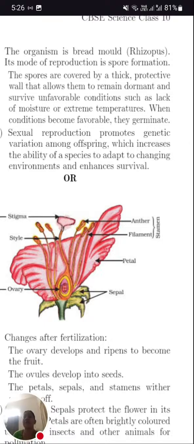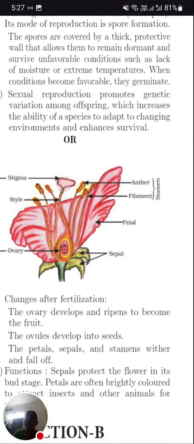Genetic variation. The sexual mode has the advantage that there is development of variation, as it is reproduction between two different individuals, and variation among offsprings increases the ability of the species to adapt to a changing environment and enhances survival. So thus the organism can adapt to a changing environment.